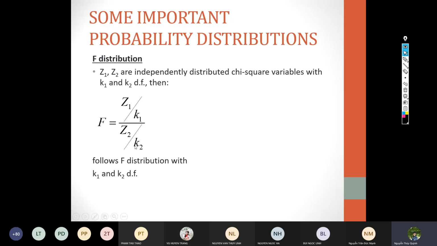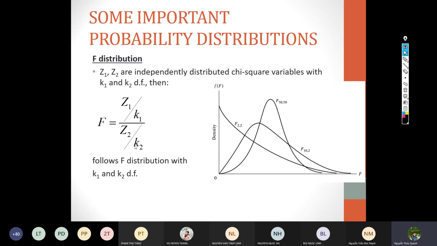And like the chi-square distribution and the student t distribution, the degrees of freedom of the Fisher distribution also determine the shape of the F distribution.